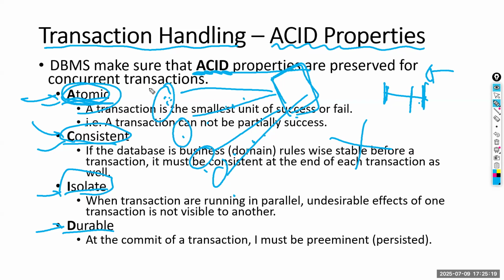That is important when we have multiple user sessions, parallel sessions. And durable means once the transaction is committed, it must be persistent. Even when you switch off your machine, it must be in your files. So that is called ACID properties of transaction.